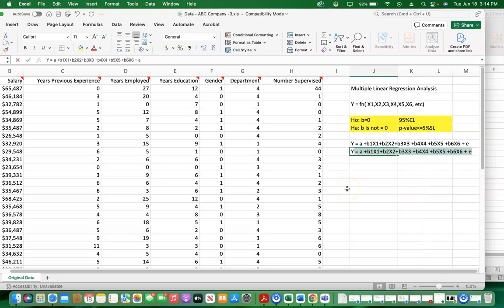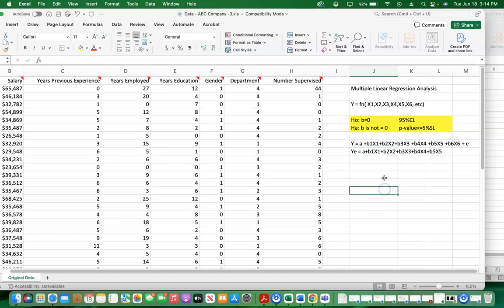So we can actually write y estimated, which will be a plus b1x1 plus b2x2 plus b3x3 plus b4x4 plus b5x5.